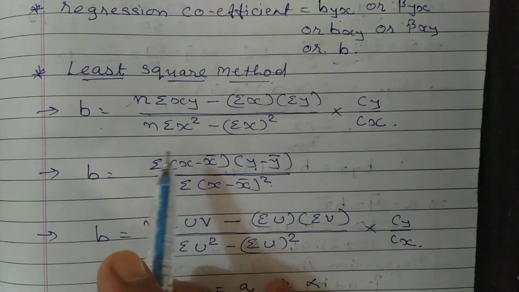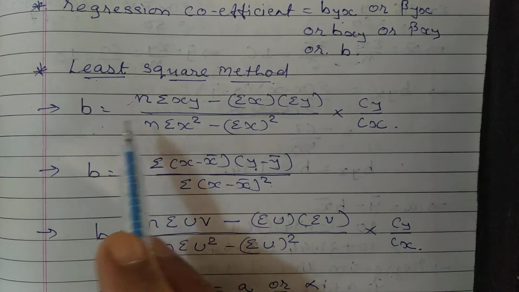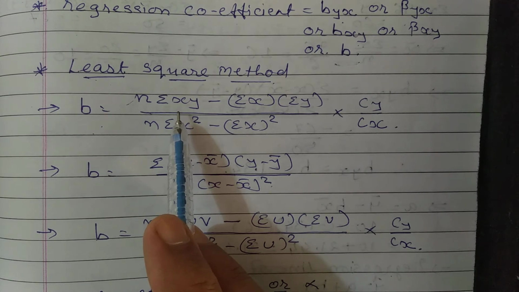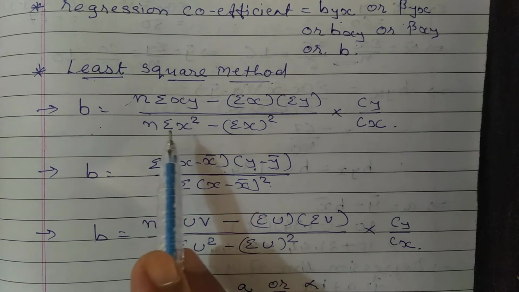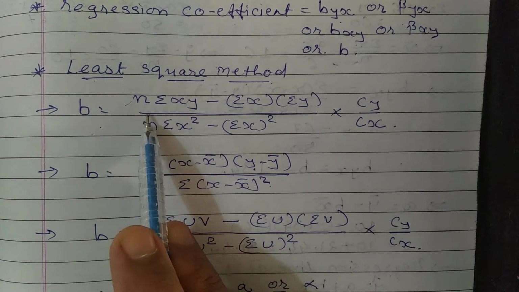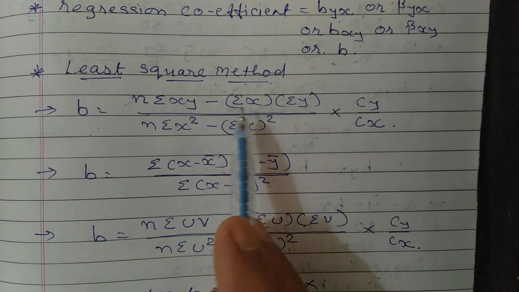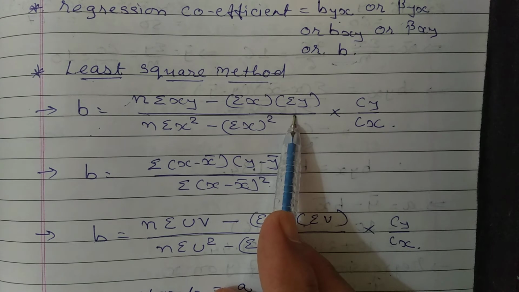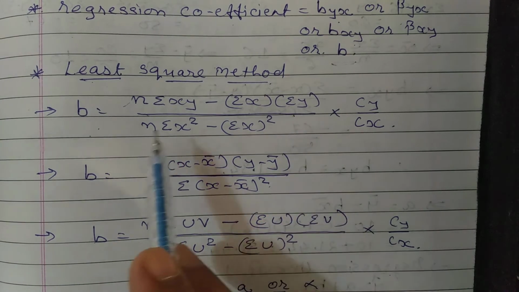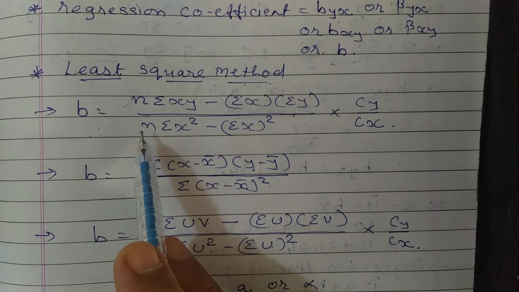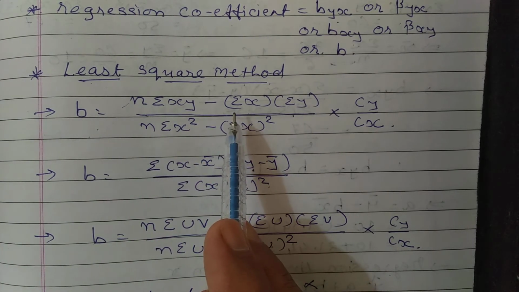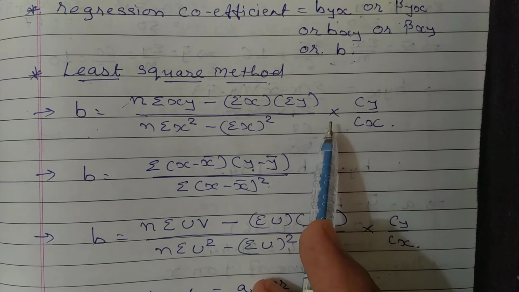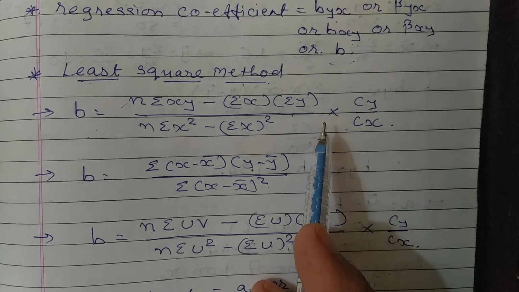Okay, see, to find out b, if the values of x and y are small, you can take the square easily without using a calculator. The formula will remain the same, that is n sigma xy minus sigma x sigma y, which we have already seen in chapter number 2. Earlier it was under root n sigma x square minus sigma x the whole square, second root n sigma y square minus sigma y the whole square.